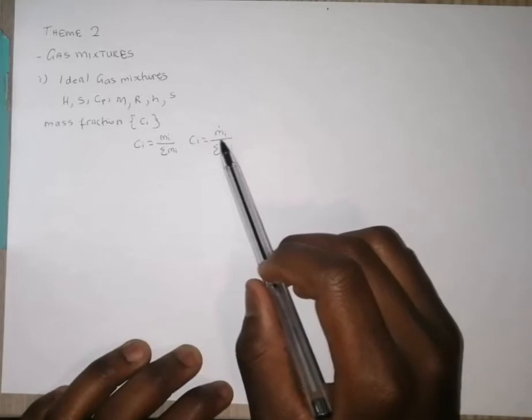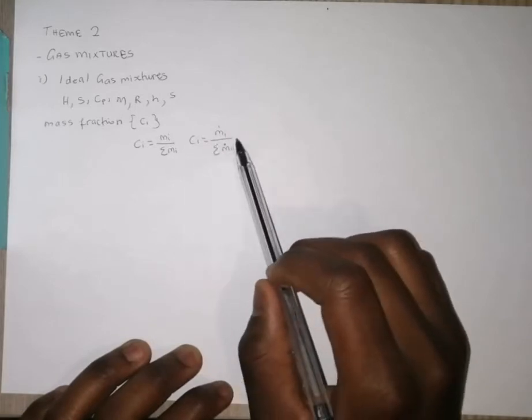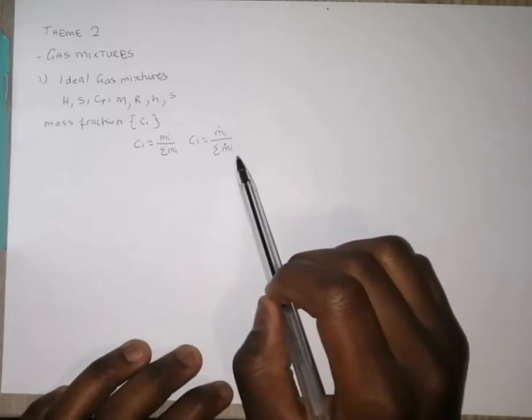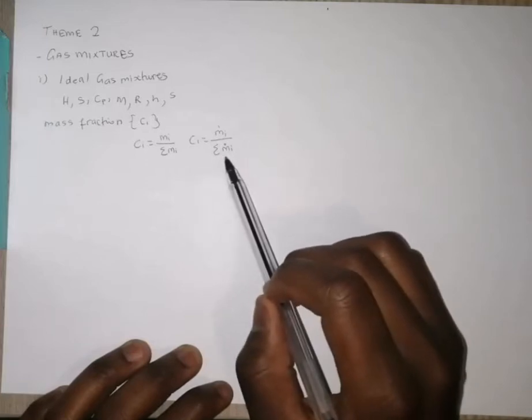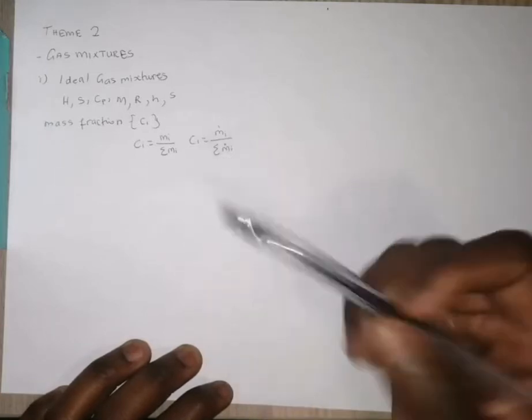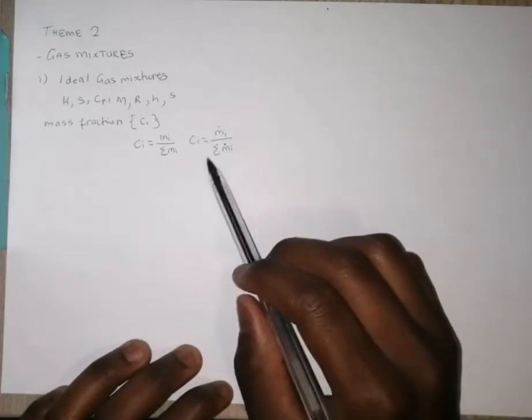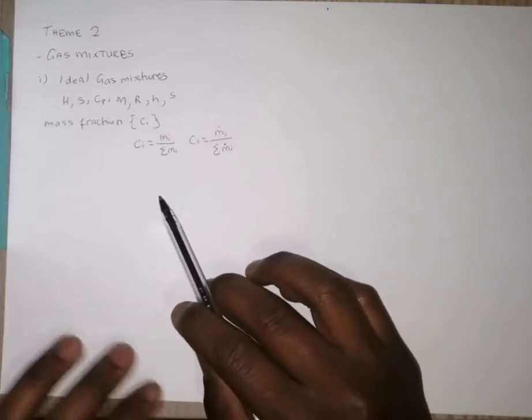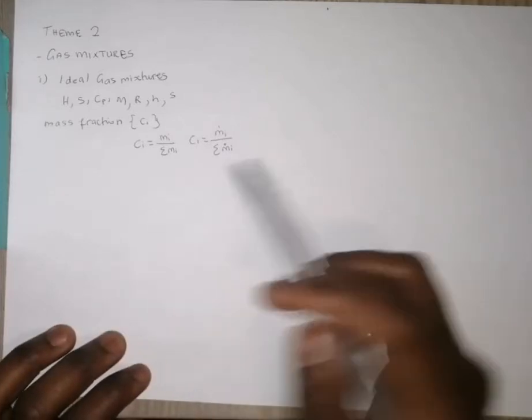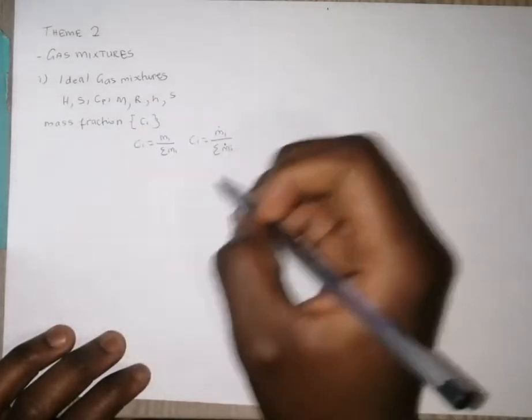This is the mass flow rate of just one gas, and this is the total mass flow rate of the mixture, which is also the mass fraction. Then the second thing we're going to learn is the mole fraction.